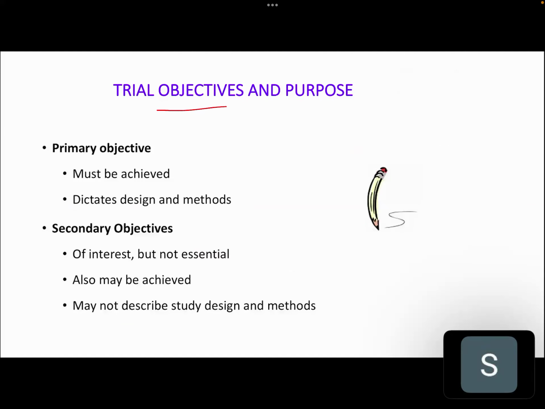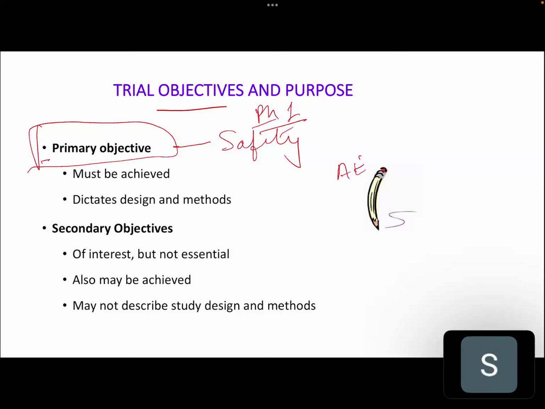Now, study objectives and purpose. These are mostly divided into primary and secondary, and sometimes tertiary also. What is the meaning of primary? Suppose your primary goal is safety. Phase 1, primary safety. And in safety, what are we measuring? AEs and SAEs.